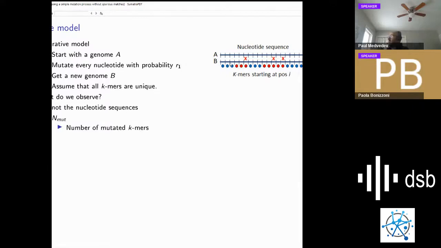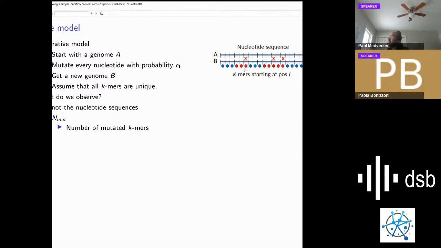Now in this model we are not observing the nucleotide sequences themselves, but we're observing kmers. Anytime we're working with de Bruijn graphs or other kmer-based methods, this is often what's happening. Here I have a convenient way to show all the kmers in this genome, with each kmer being a dot or circle indicating the kmer starting at that position. So here I'm going to take k equals 3, and so I have every single kmer, like this is the last kmer of the genome, and each of the nucleotide mutations also affected k other kmers.